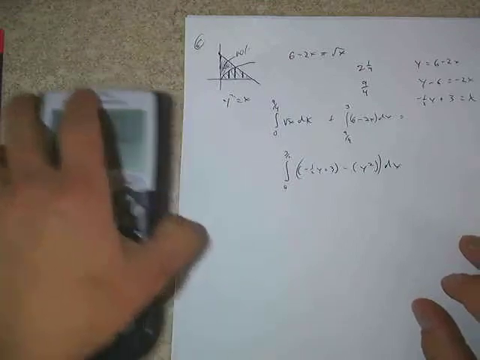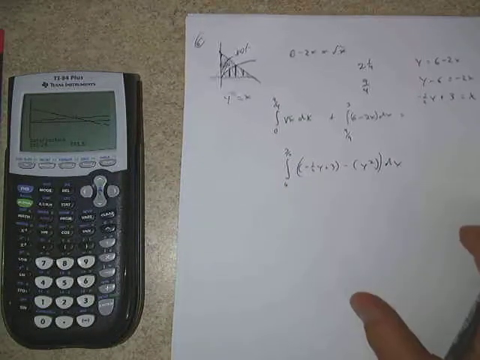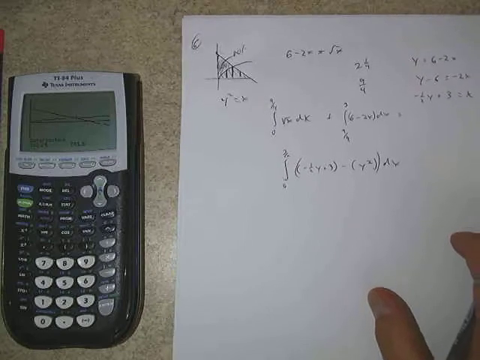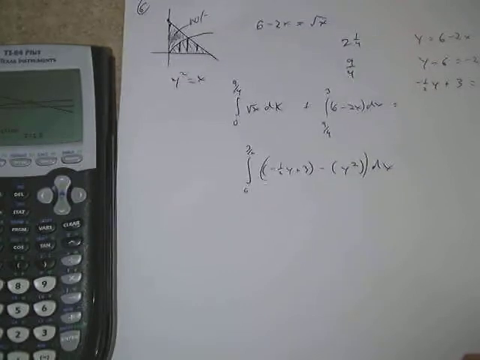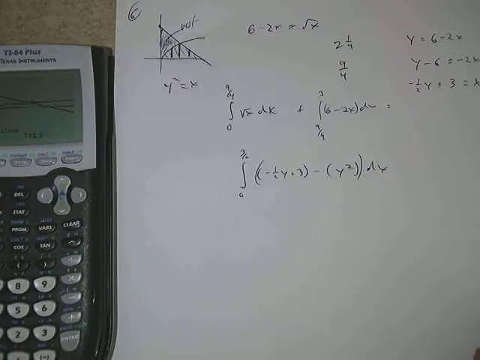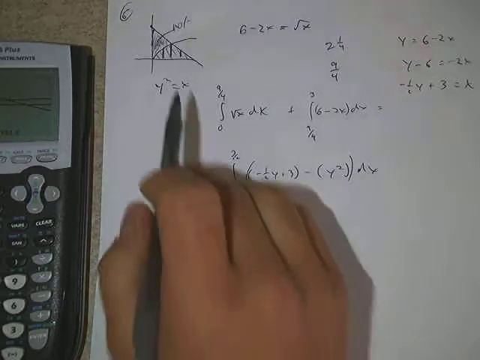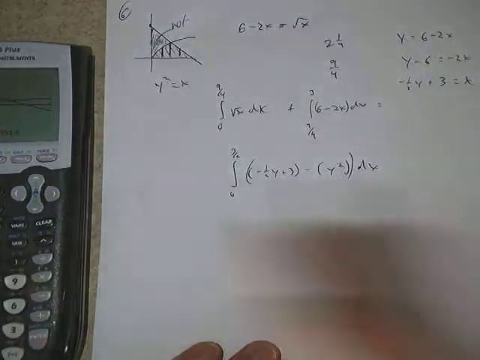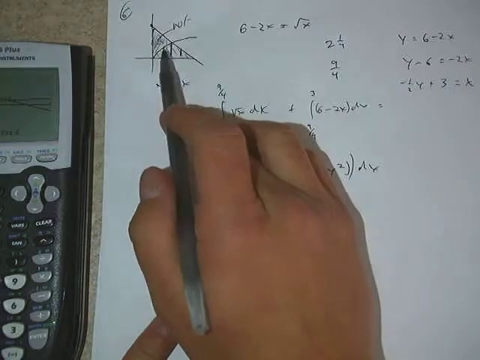We'd get negative 1/2 y plus 3 equals x. So we could have done right function minus left function. The left function, remember, is y equals radical x, so that means it would be y squared equals x if we squared both sides. So if we did that integral, then what should we get compared to what we have here with these two? Should be exactly the same.